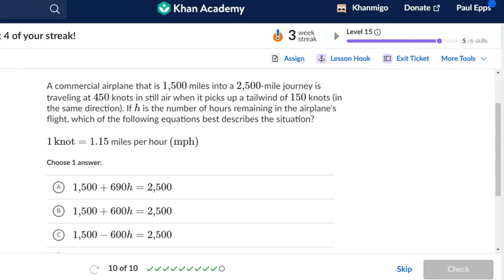If H is the number of hours remaining in the airplane's flight, which of the following equations best describes the situation?